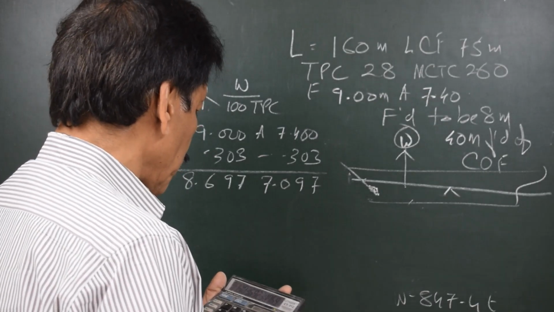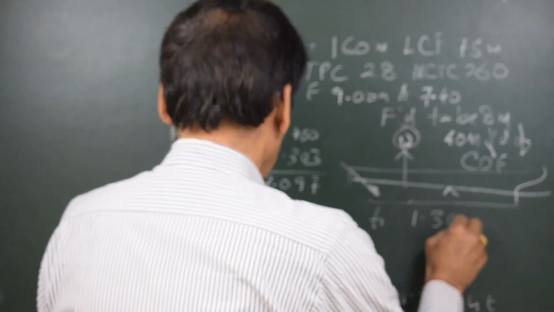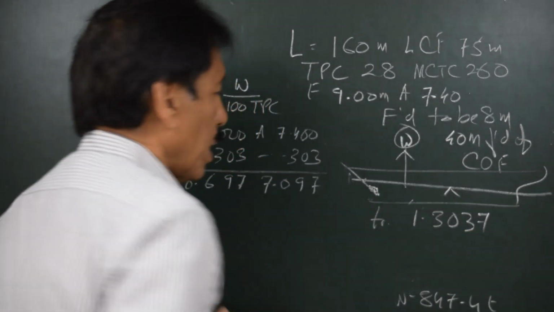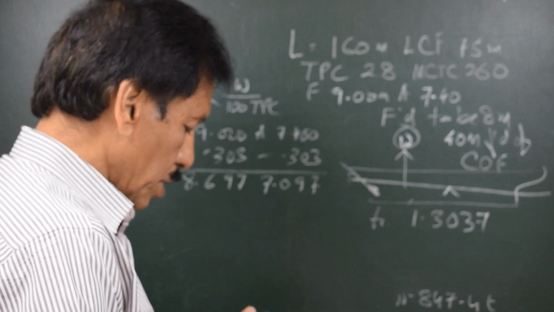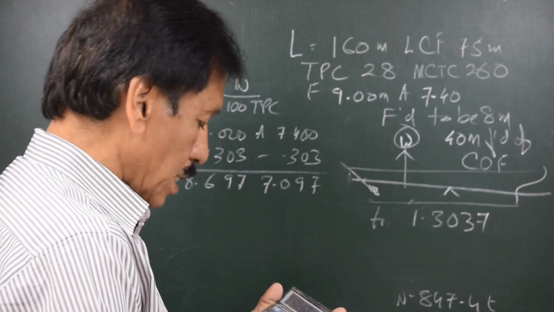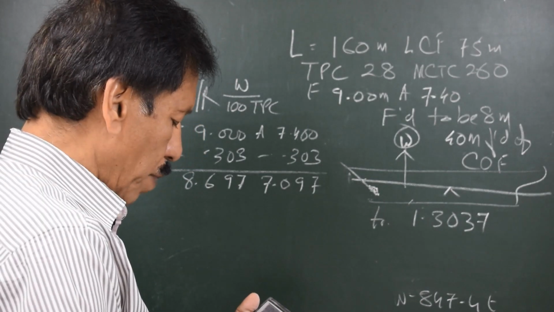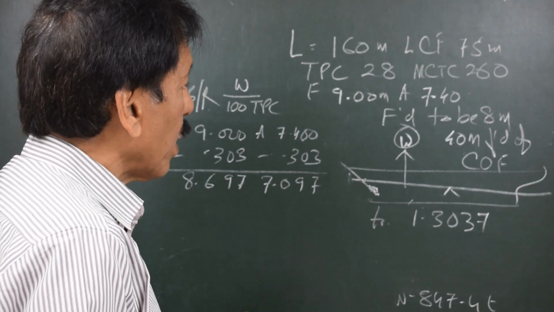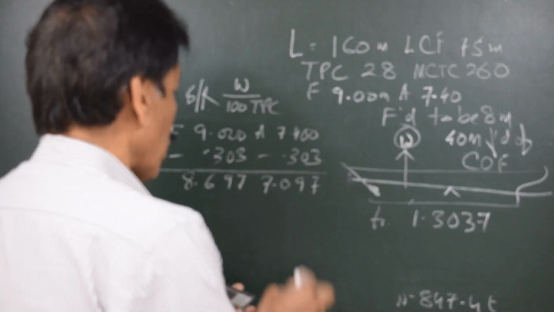This gives me the trim change equal to 1.3037. This multiplied by LCF, that is 75, divided by LBP, that is 160, gives me the TRA, that is the change of draft aft because of trim change alone.